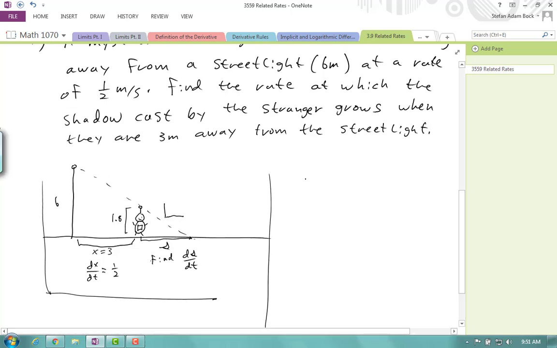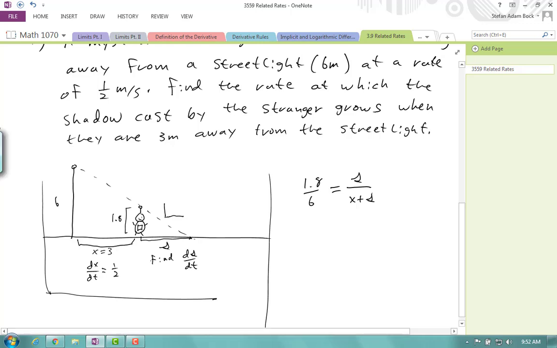I'm going to have 1.8 is to 6 equal to, small to big, S is to the whole big side, x plus s. I don't want to plug in the 3 yet because I only want to plug in x equals 3 after I've taken my derivative. I plug in nothing until I've taken my derivative first. Before then, everything is a variable, unless it's already constant.